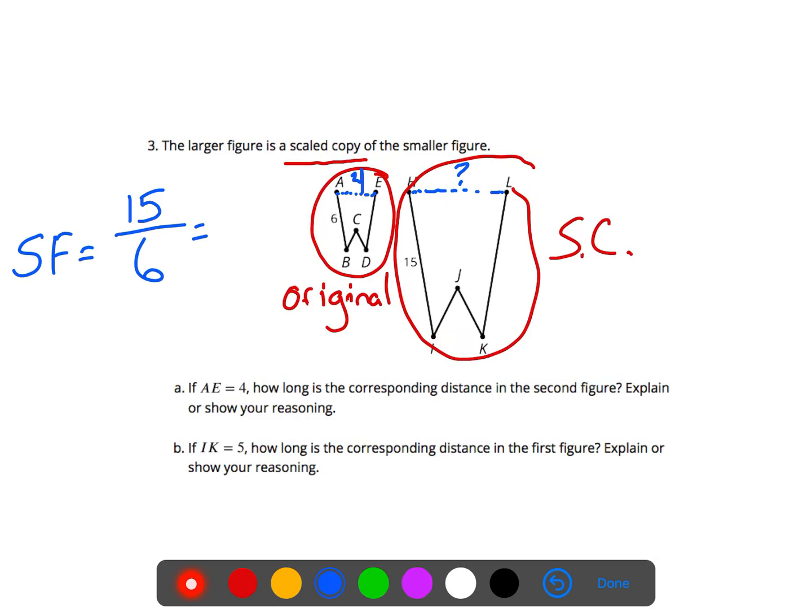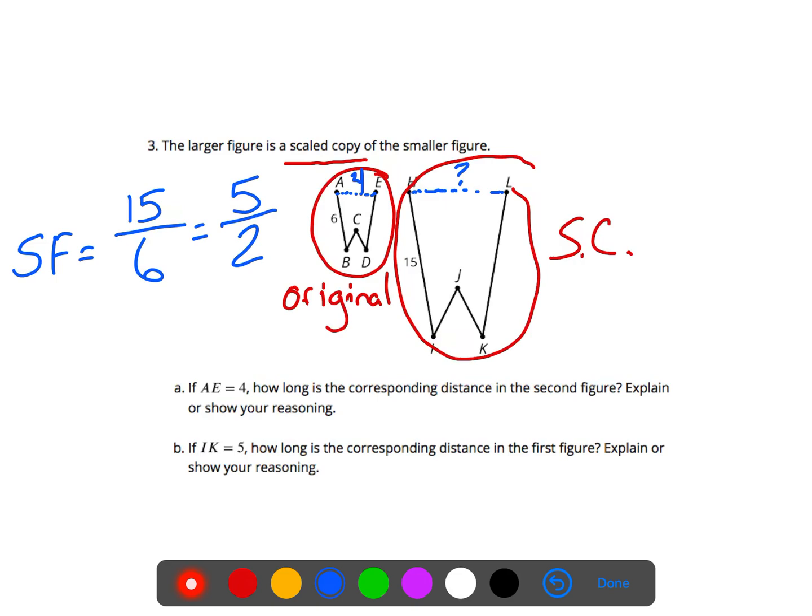So 15 divided by 3 is 5. 6 divided by 3 is 2. So 5/2 is our simplified scale factor. Now, it's okay to have an improper fraction, and we'll get used to using those a lot more. But certainly, if you feel more comfortable changing 5/2 to 2.5, that would be fine also.